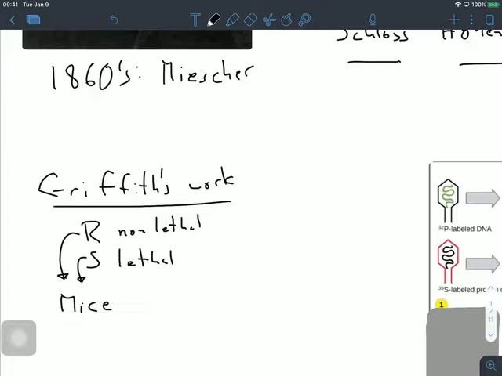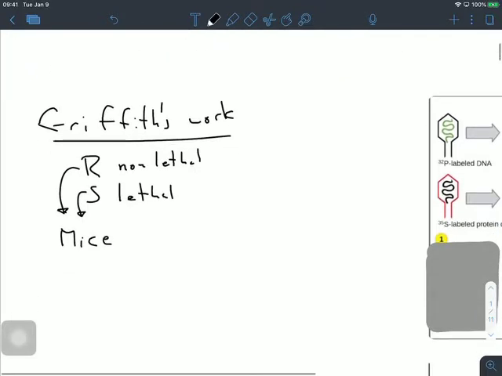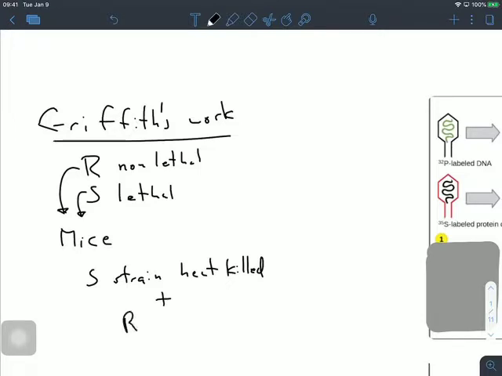However, when he gave the S strain that was heat killed plus the R strain in one solution, so mixed together, meaning the dead pieces of the S strain and the living R strain, the mouse died.